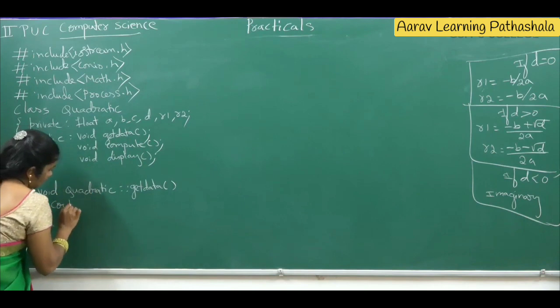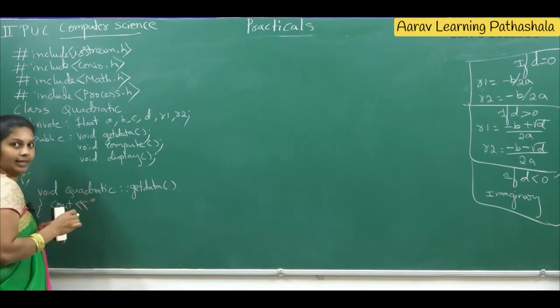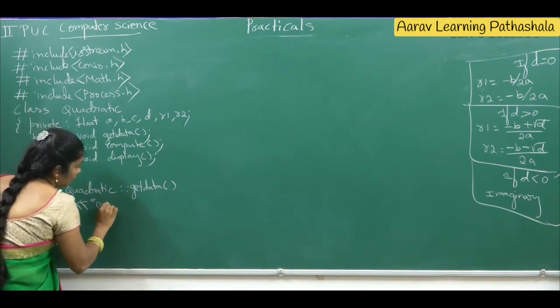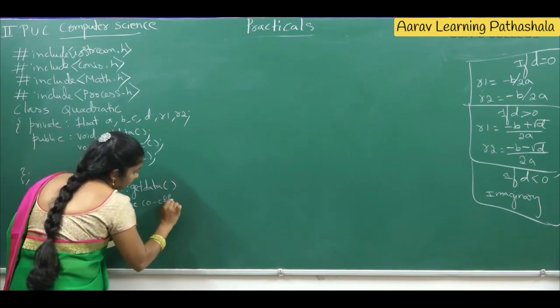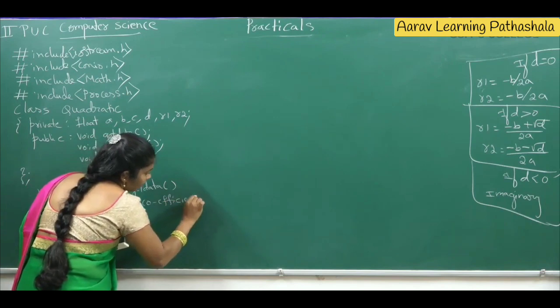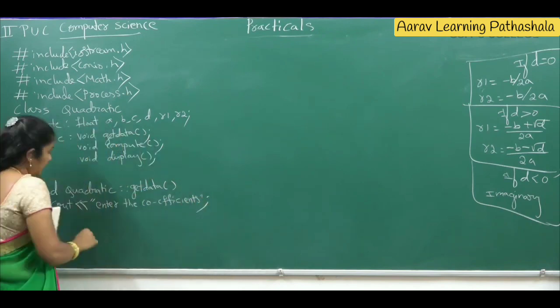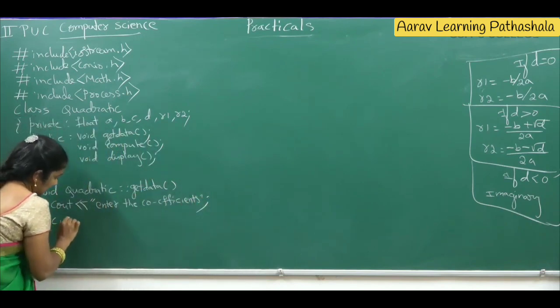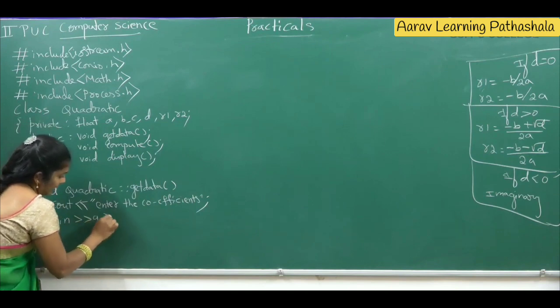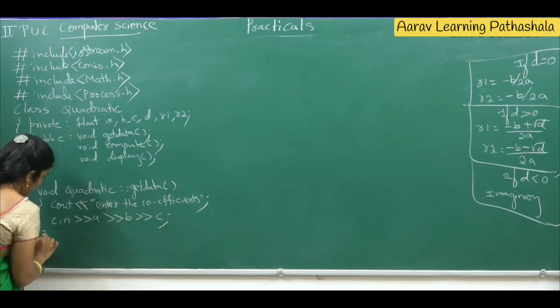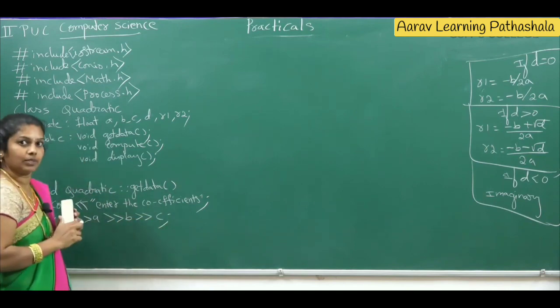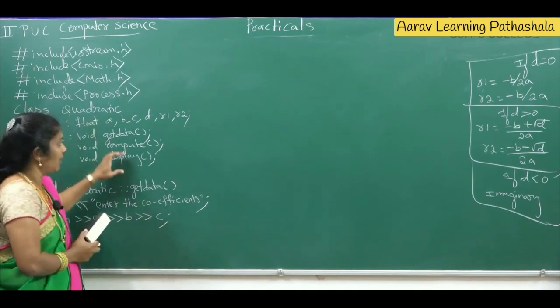Cout, insertion operator, inside the double quotes write enter the coefficients. Then input the values using cin, extraction operator A, extraction operator B, extraction operator C, then close this function.